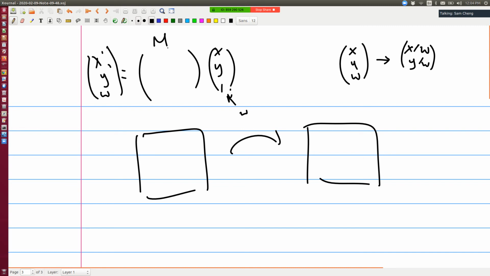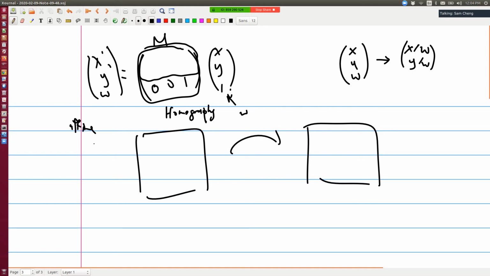Last time we said if the whole thing is arbitrary, the transform is known as a homography. If the last row there is 0, 0, 1, that will be restricted to the affine transform. So in that case it will be affine.